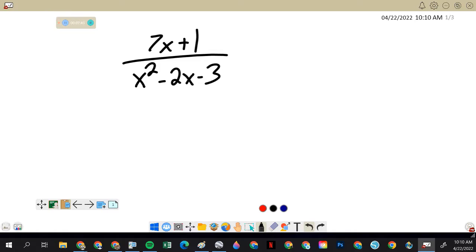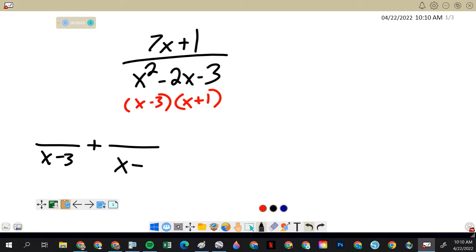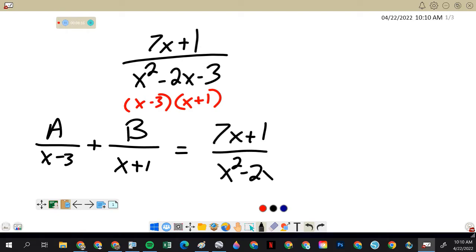Well, when we factor the bottom, we get x minus 3 and x plus 1, right? So the fractions that could exist would be something over x minus 3 plus something over x plus 1. And I don't know what those somethings are, so I'm just going to call them A and B. And then that's equal to 7x plus 1 over x squared minus 2x minus 3.